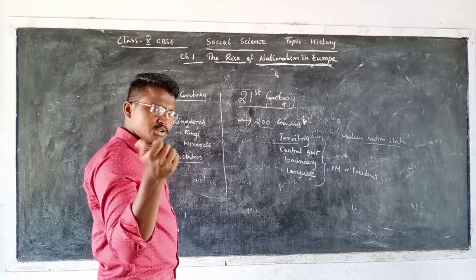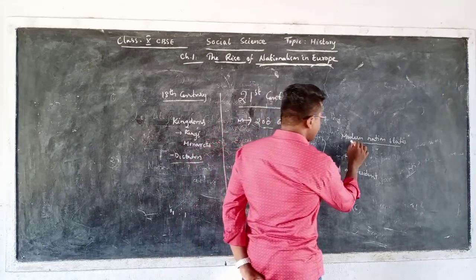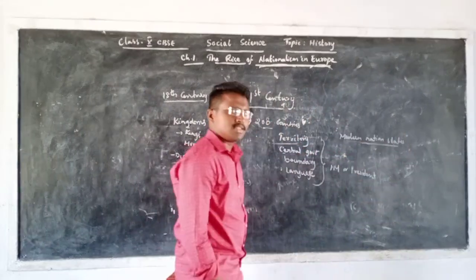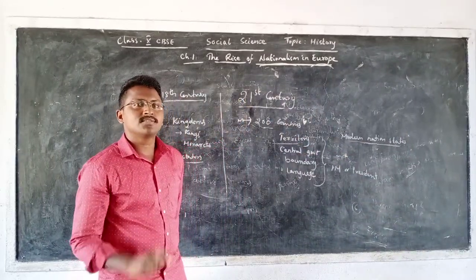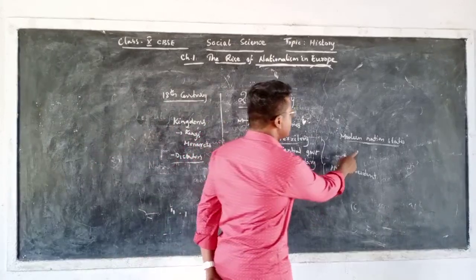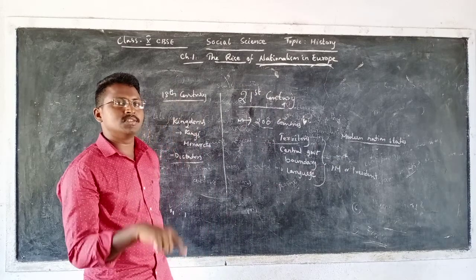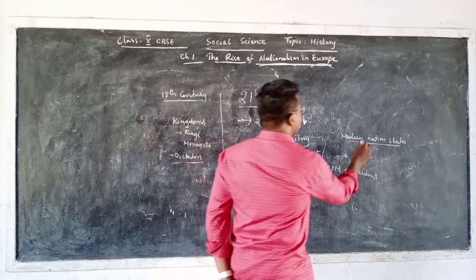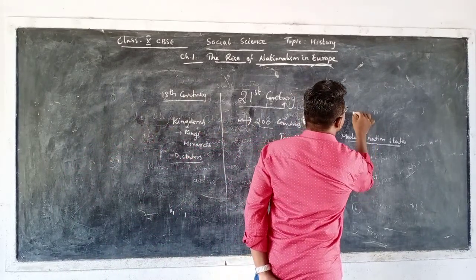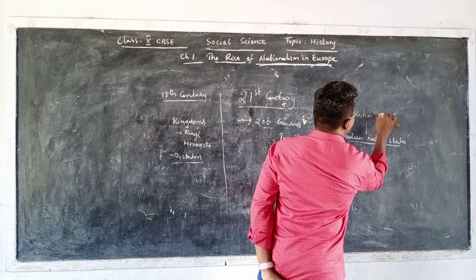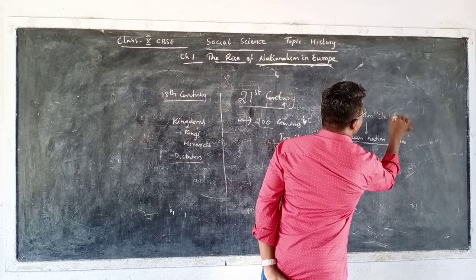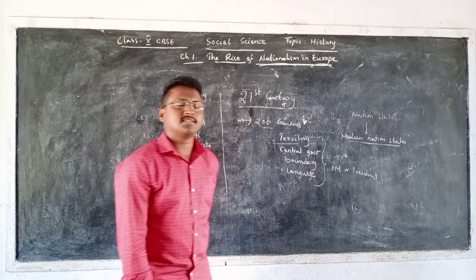But do you think these modern nation states came into existence directly? The answer is no. They did not emerge directly. They emerged from something known as nation states.